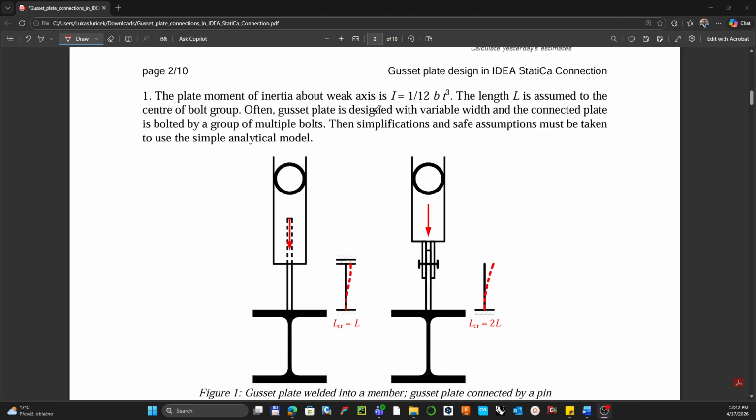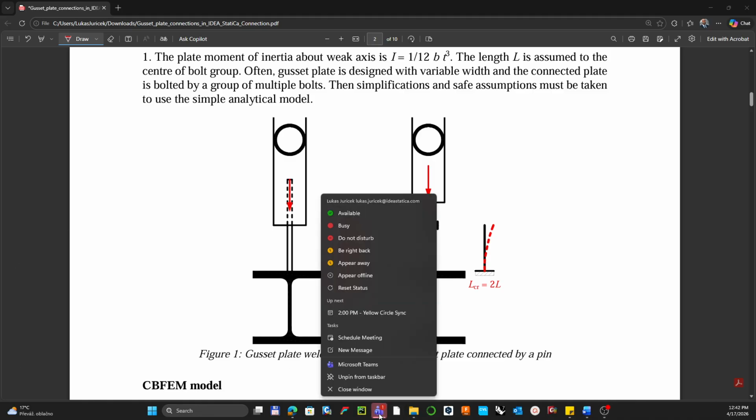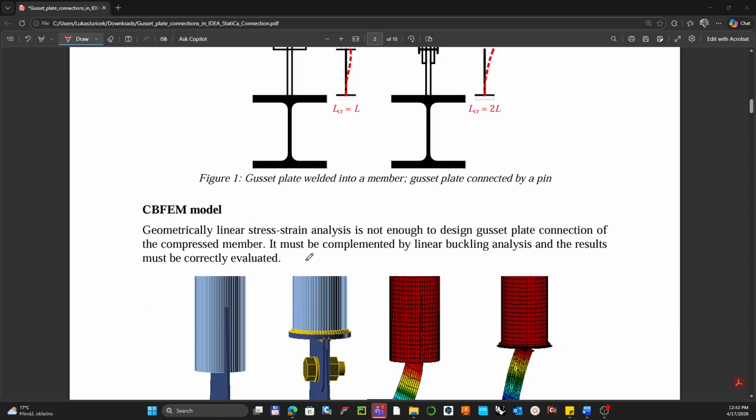Based on these assumptions, you are able to calculate the critical length and the buckling, but this is not the goal of this presentation. The goal is to explain how to use it inside IDEA StatiCa.